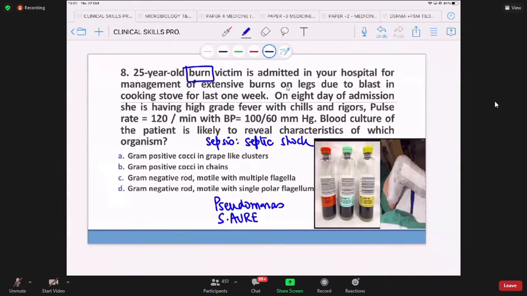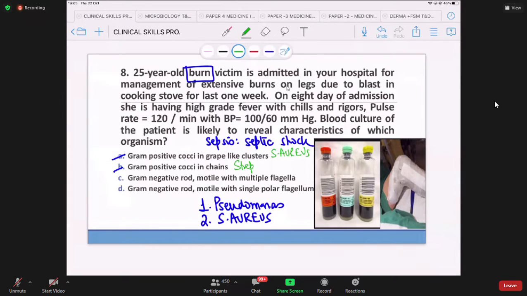So there's only two possibilities in the question. On a comparison basis, you very well know the fact that Pseudomonas is the leading one. So all you need to do in this particular question is identify Pseudomonas. You see option A, I'm ruling out gram-positive cocci in clusters, that is Staph aureus. I'm ruling out option B, gram-positive cocci in chains, because that's going to be Streptococcus.